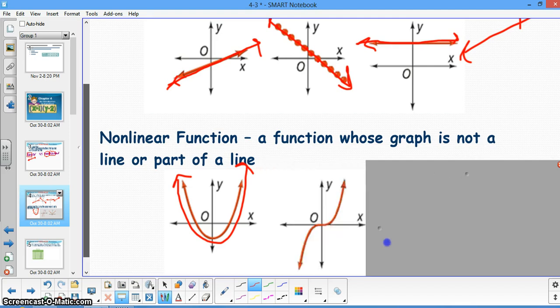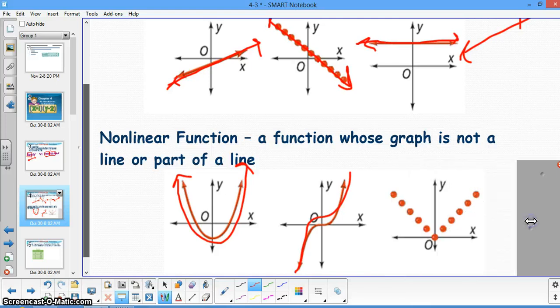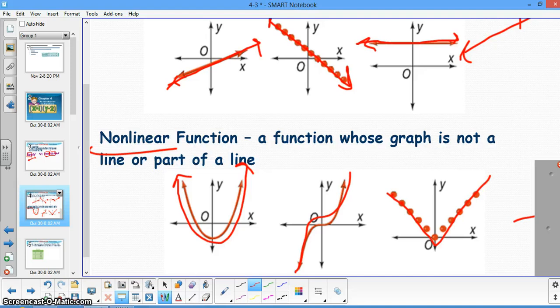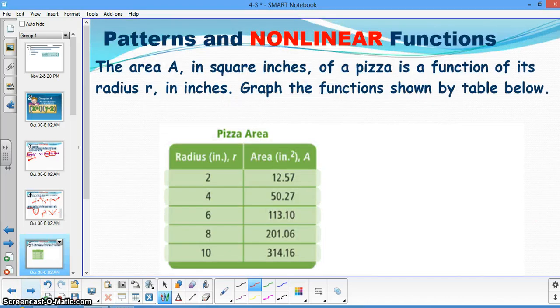Here's another example where you have some type of pattern going, not constant, therefore not linear. And the last example, kind of like the one up at the top with the gaps, but again, not straight, therefore nonlinear. Oftentimes, you should be able to look at a graph to know if it's constant, linear, or not constant, nonlinear.